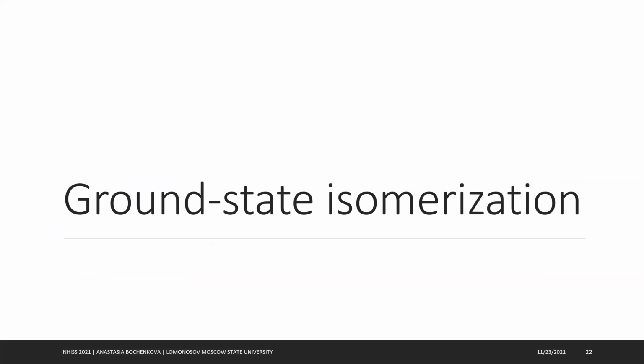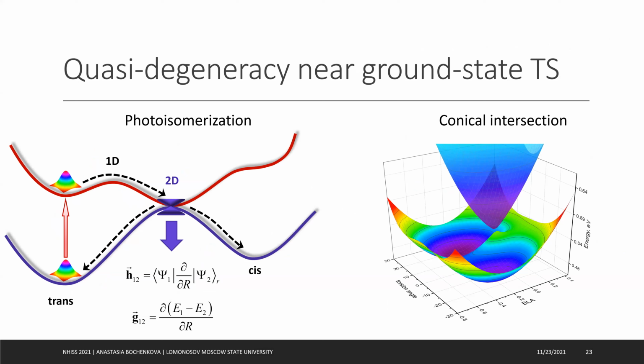Okay, and now just a few words about the ground state isomerization. Why are we so interested in the ground state isomerization? Because it is coupled to photo-induced isomerization, since we have this conical intersection, which is located very close to the saddle point in the ground state.